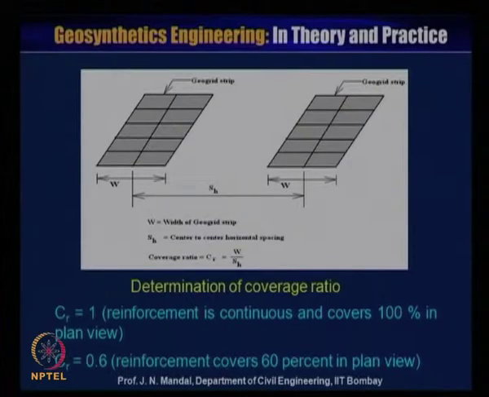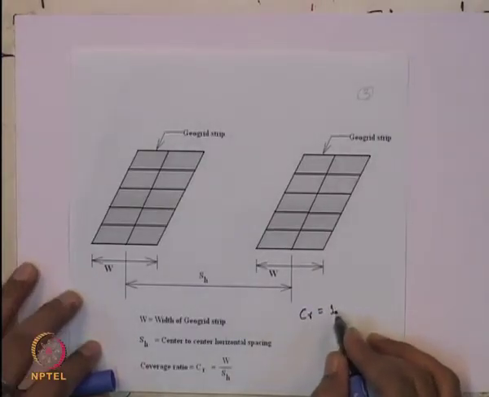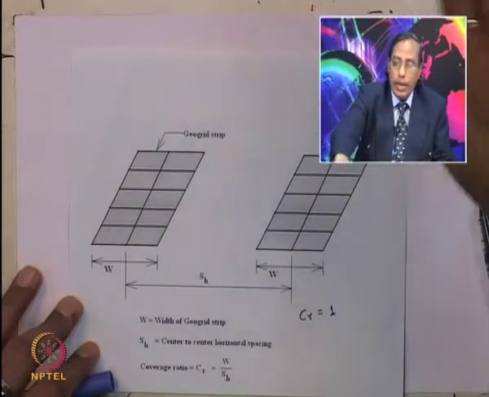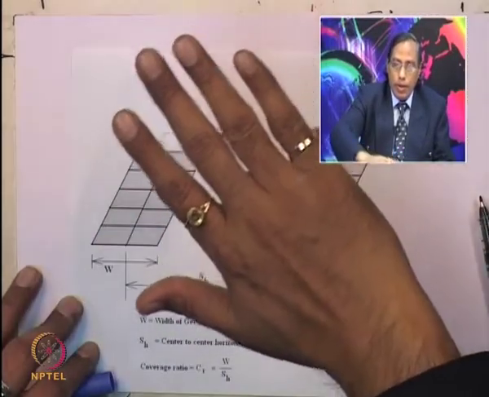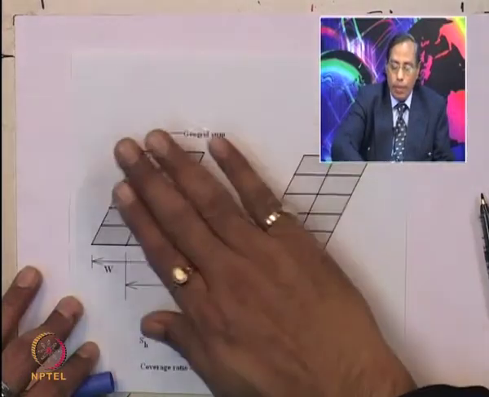So when you say that CR is equal to 1, that means the reinforcement is continuous and covers 100% in the plan view. So you are entirely placing the reinforcement.